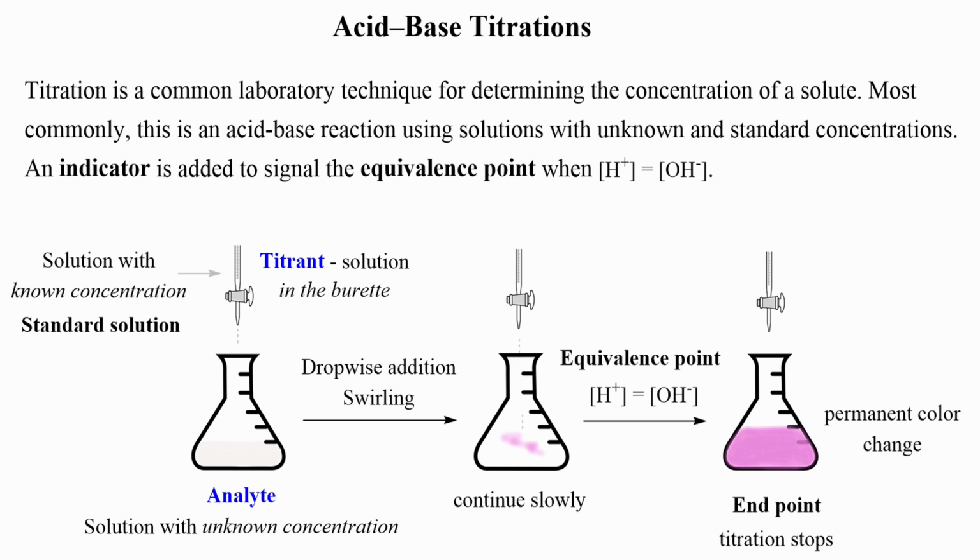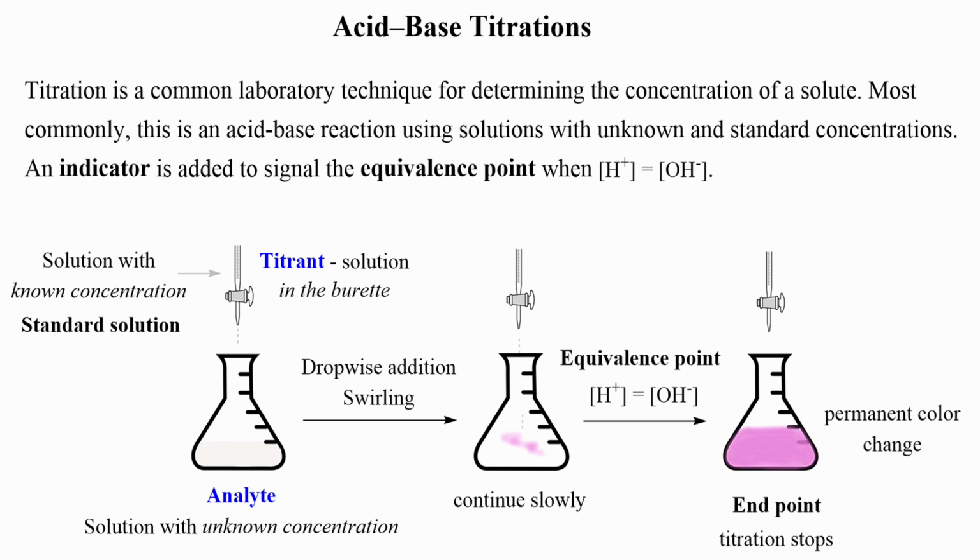So there is a permanent color change that indicates the endpoint. The equivalence point is when the amount of H+ ions is equivalent to OH- ions, but the color still doesn't change. So we need one more drop for the color to change permanently.